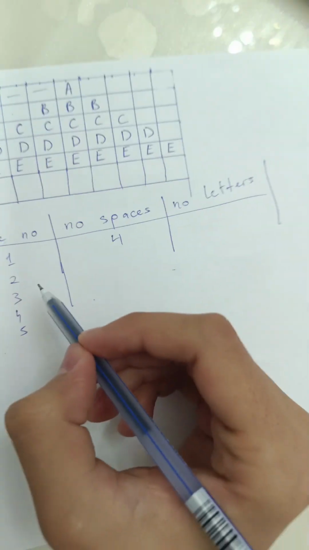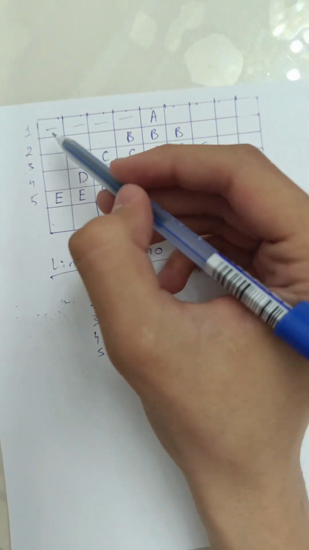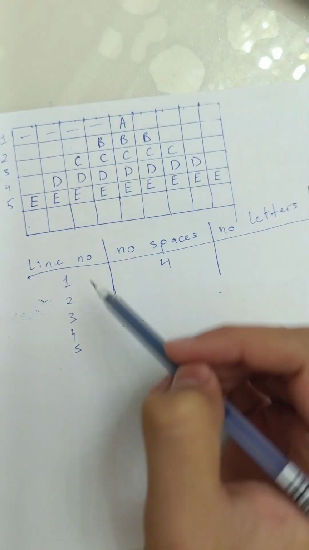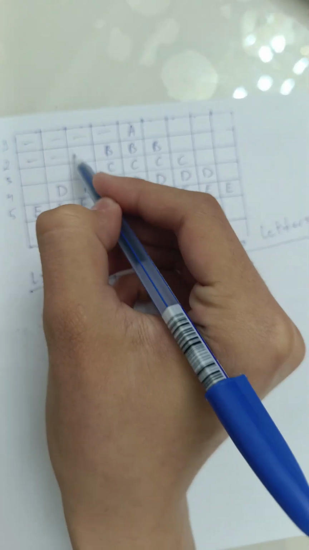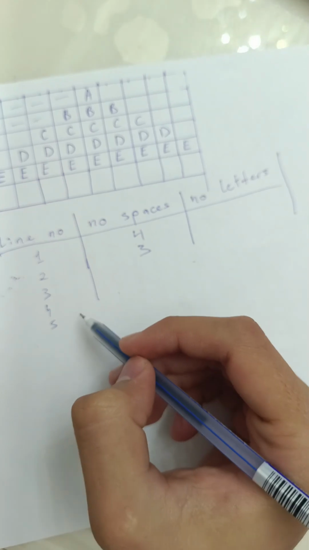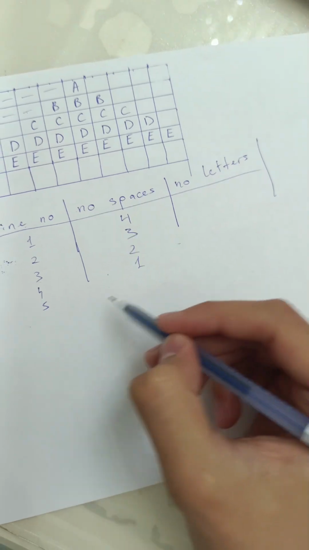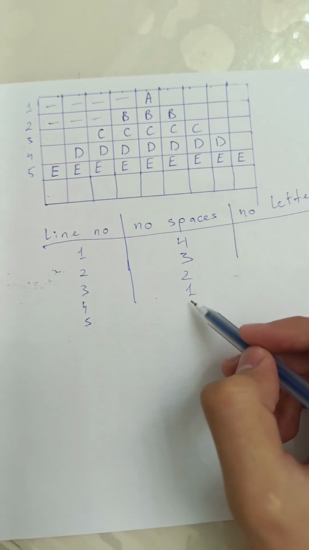In line number 2, we count only spaces on the left side of our letters. In line number 2, there are 3 spaces. In line number 3, we have 2. Line number 4, we have 1. And line number 5, we don't have any spaces.